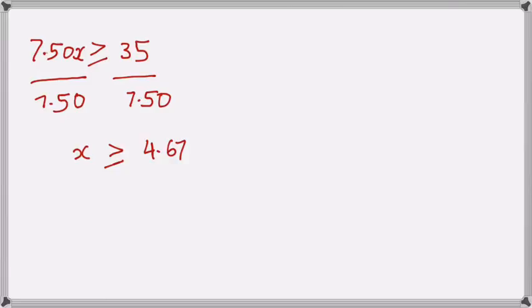So you will get 7.5 and 7.5 cancels, and you will get X on the left hand side, okay? And on the right hand side you will get 4.67.